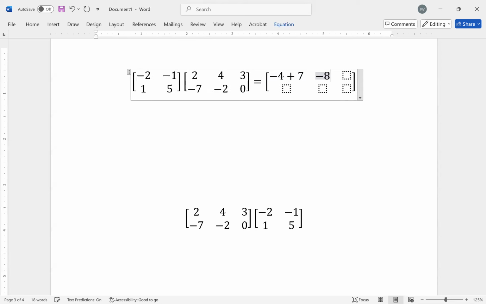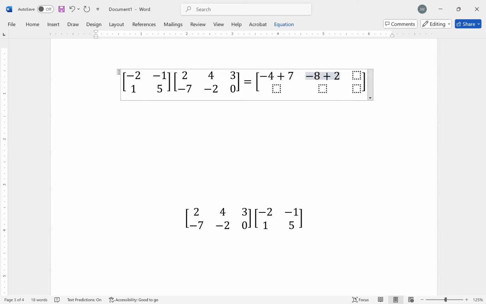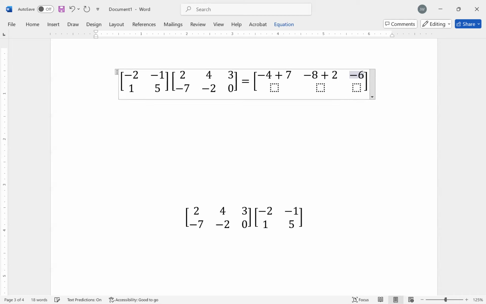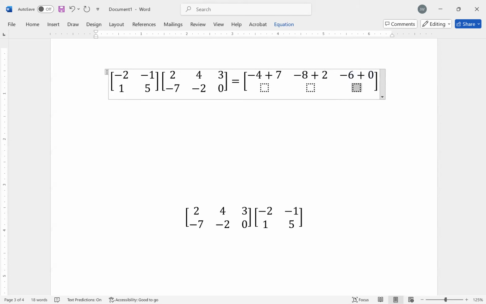That's -8 plus 2. And then in the third entry of the first row, -2, -1 times 3, 0. -2 times 3 is -6. -1 times 0 is 0. So that's -6 plus 0.